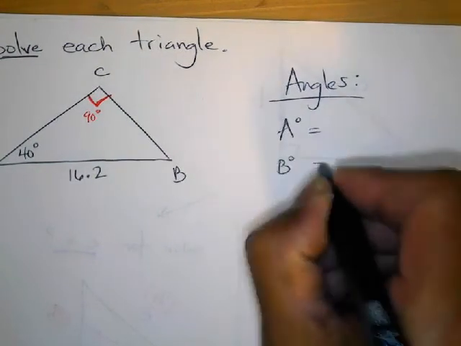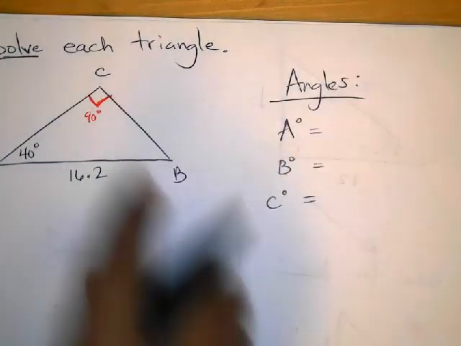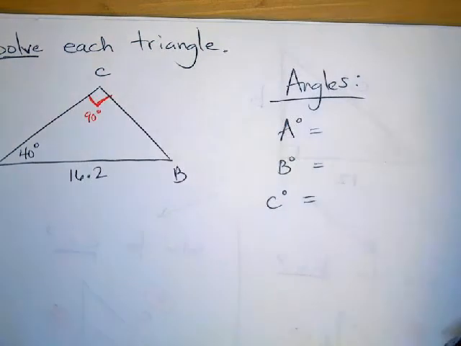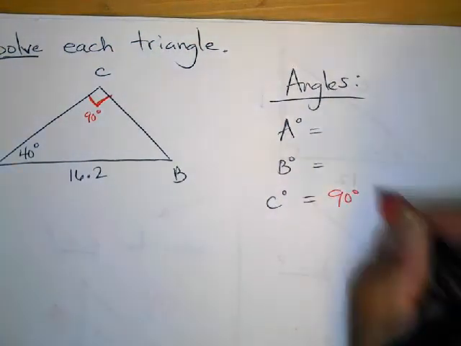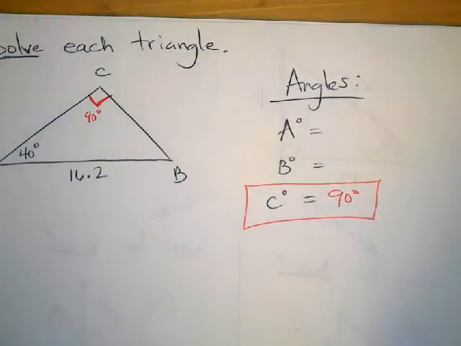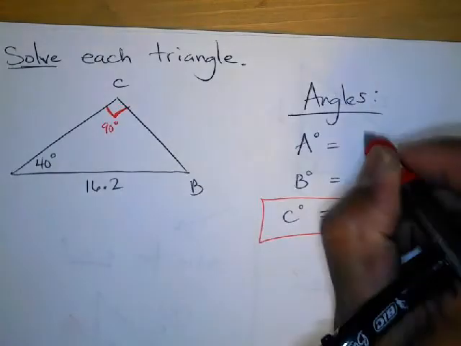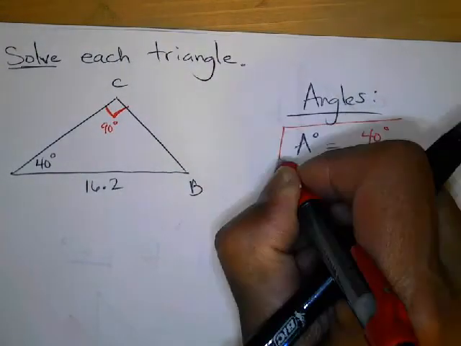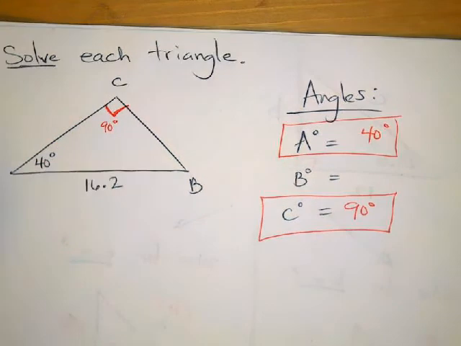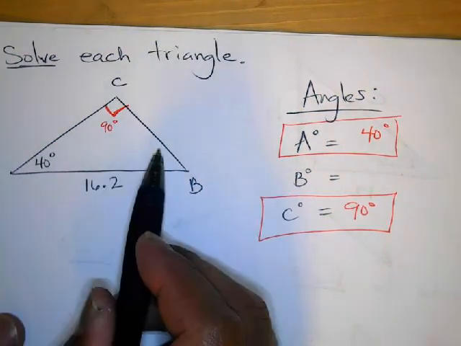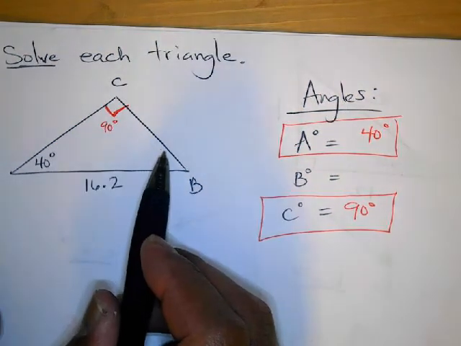A, B, and C. Well, C is 90. That one's given, and which one's also given? Angle A here is 40. And like I said in the first video, we know that the three of them add up to 180.